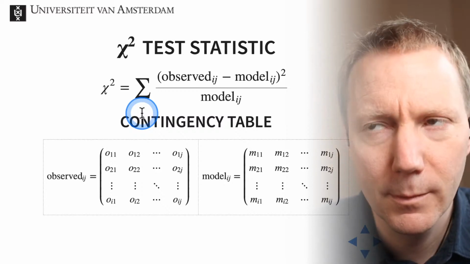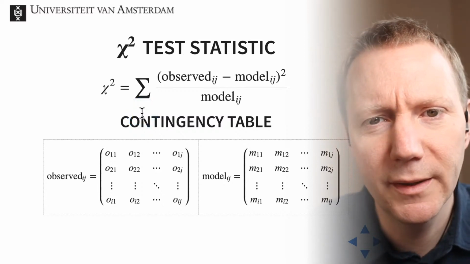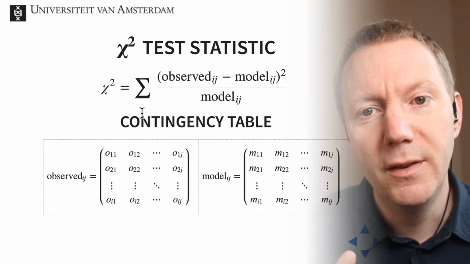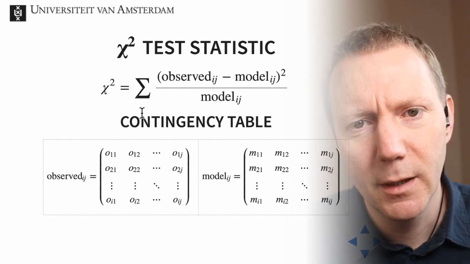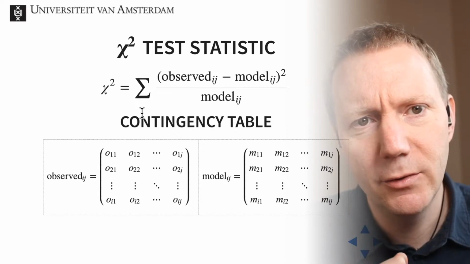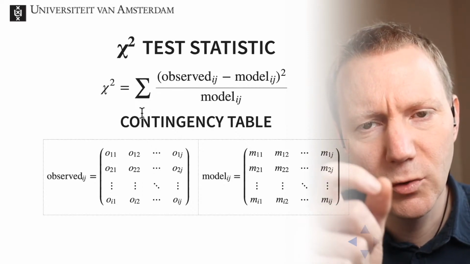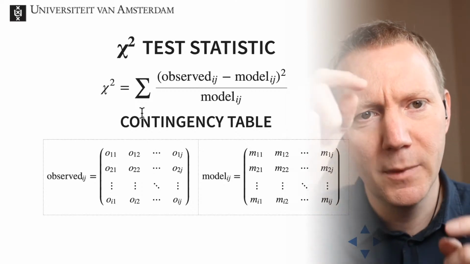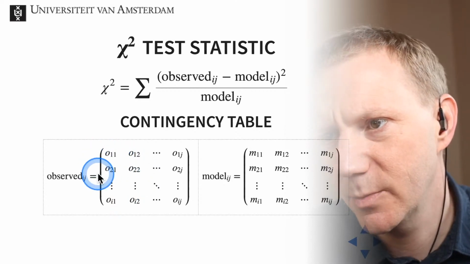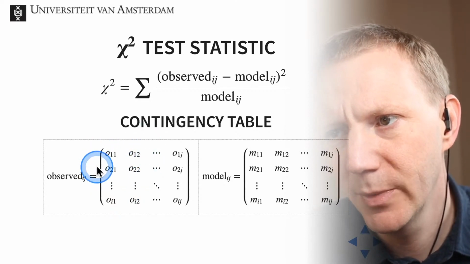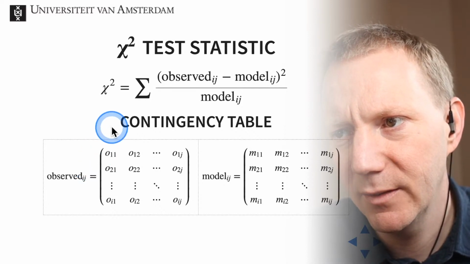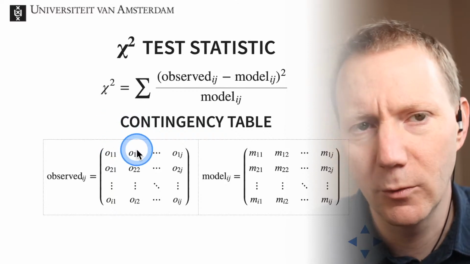So what are these cells? In terms of the observed values, they're the frequency that you have within a combination. If you have males and females and an experimental group and a control group, then that's a 2x2 design. This matrix would not be as large, but would stick to 2x2, having the categories males and females and control group and experimental group.